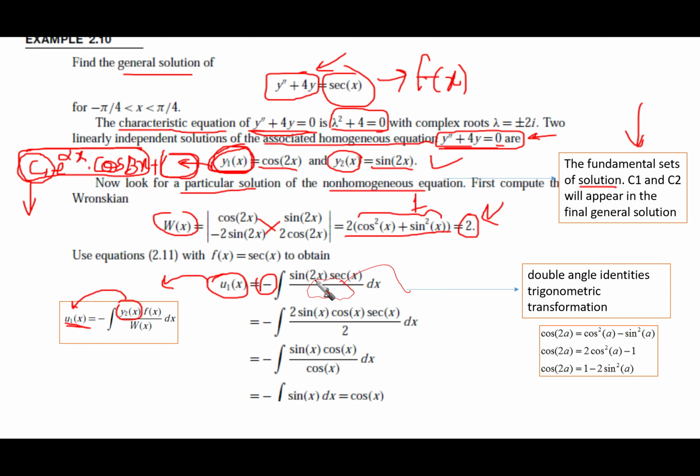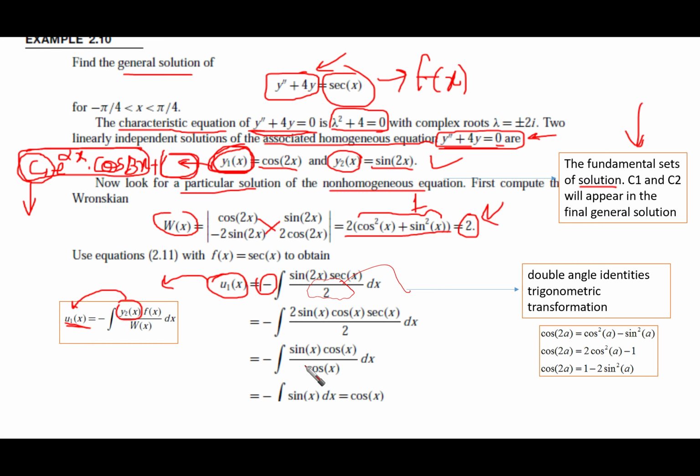So sine 2x is going to be 2 sine x cosine x, times sec x. Sorry for this. Sine 2x, the double angle, equals 2 sine cosine, and this is sec x here. Sec x means 1 over cosine x.